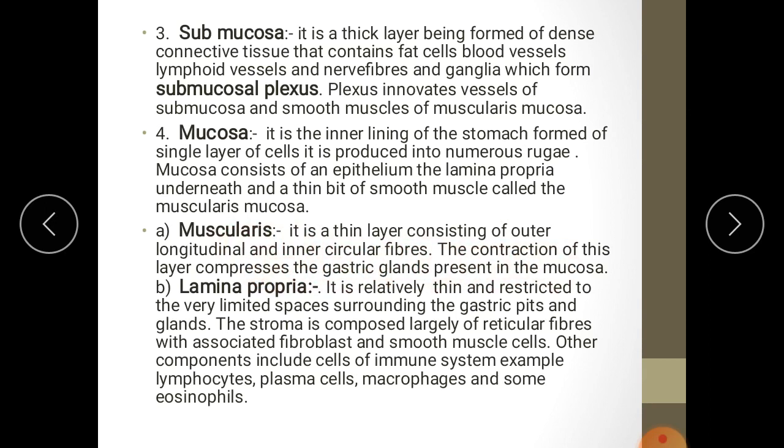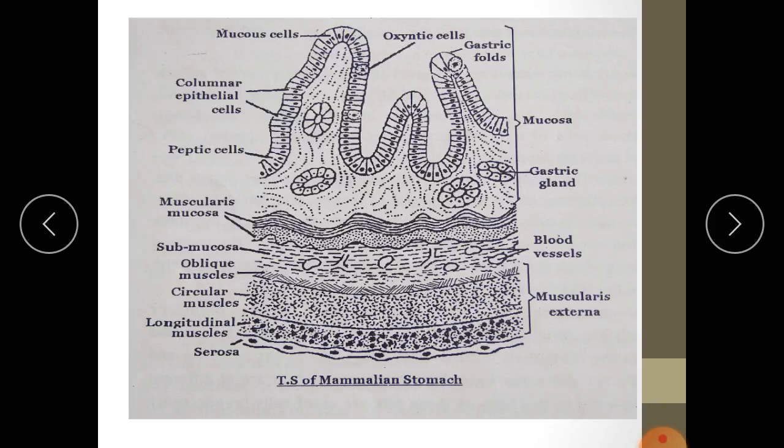Okay. Then lamina propria is nothing but the connective tissue part present inside the rugae. It is relatively thin and restricted to the very limited spaces surrounding the gastric pits and glands. So this part is called lamina propria. Here you can see gastric glands.